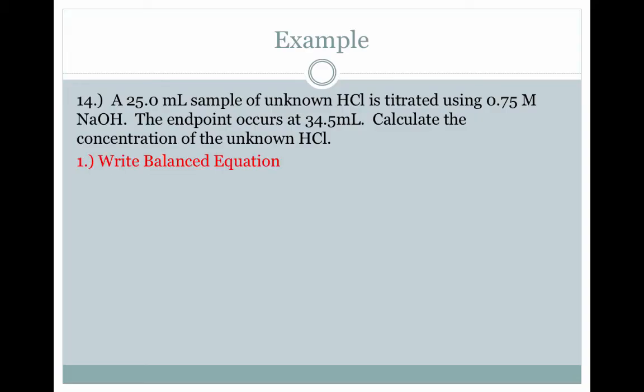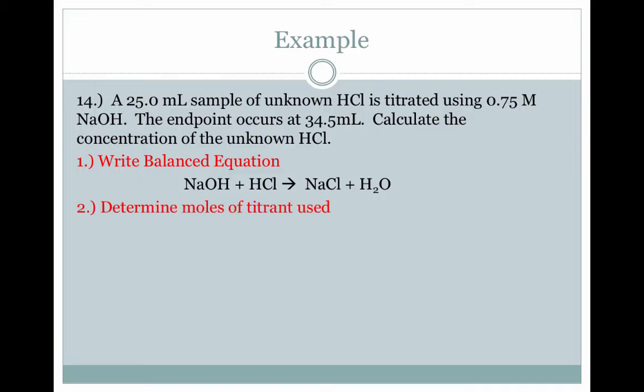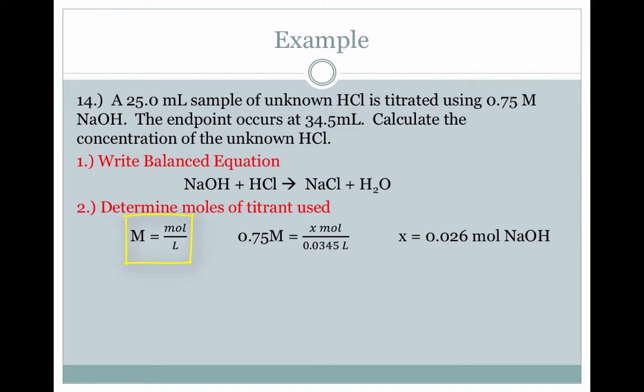Let's follow the steps laid out previously. First, we'll write a balanced equation. Here, 1 mole of NaOH reacts with 1 mole of HCl to produce 1 mole of NaCl and 1 mole of water. Then, we'll determine the moles of titrant used. Using the molarity equation, molarity equals moles over liters, we can plug in the values we know.